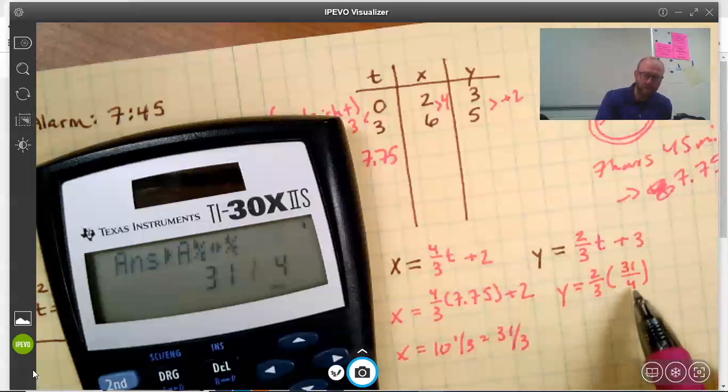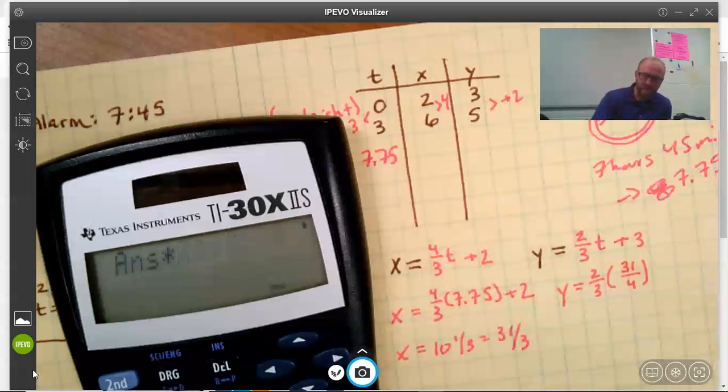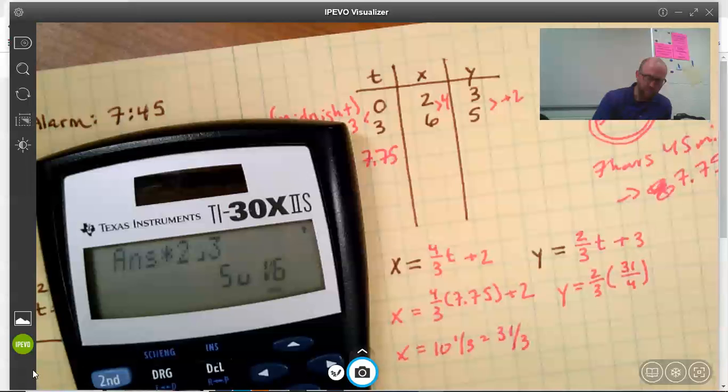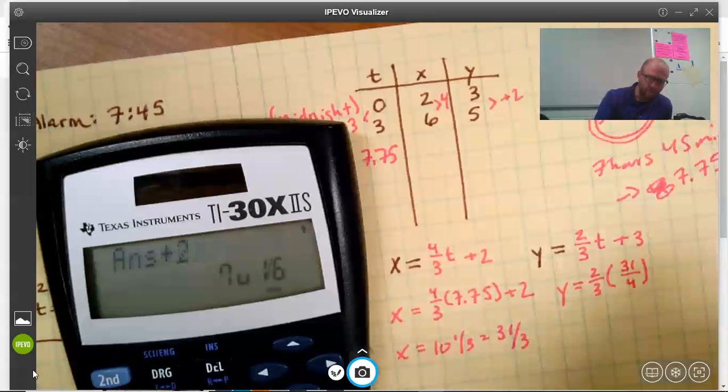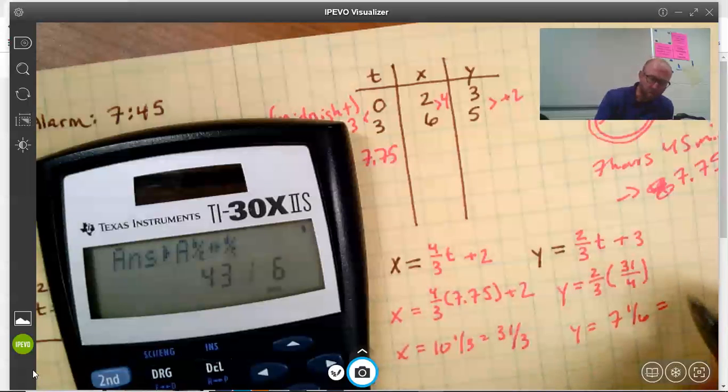You can see here, when we multiply these two together, the 2 and the 4 partially cancel, and we end up with 2 down here. We're going to have something over 6. So multiply this times 2/3. I get 5 1/6, plus 2. That's 7 1/6.